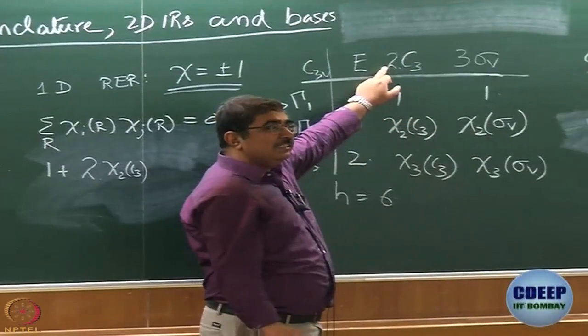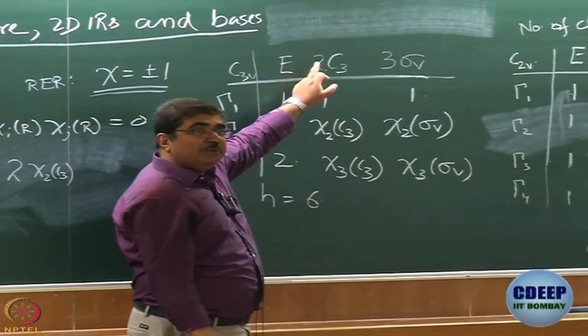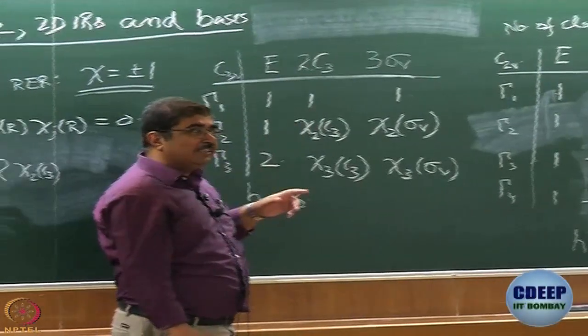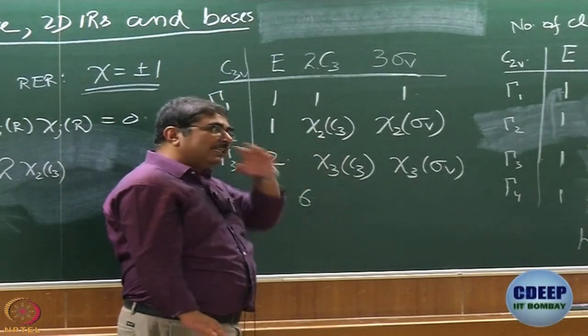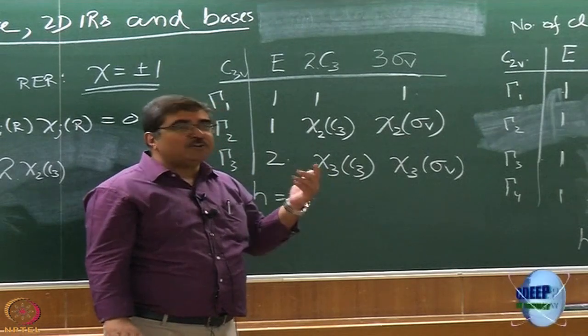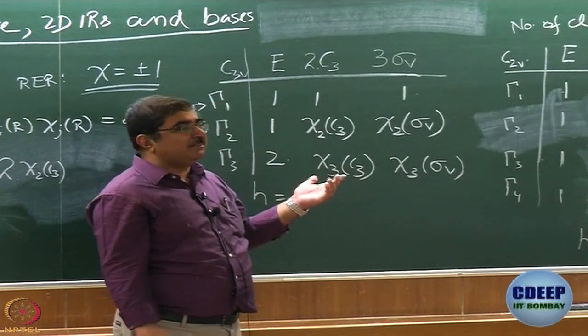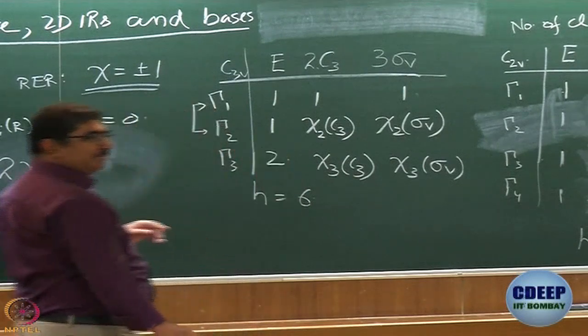You cannot neglect this. Do not forget, as we have discussed a little earlier, there are two C3 operations, C3 plus and C3 minus. It is just that the characters are same, that is why we have written them together. Does not mean you can neglect them while taking the summation. You will get a wrong result if you neglect them while taking the summation. Okay. So, do not forget the 2, very good.